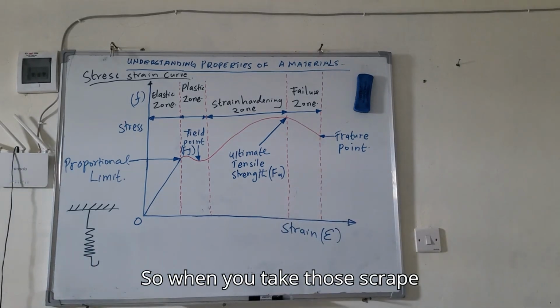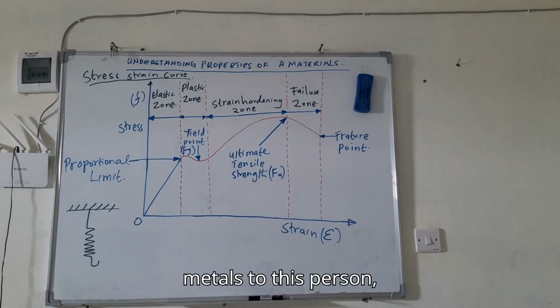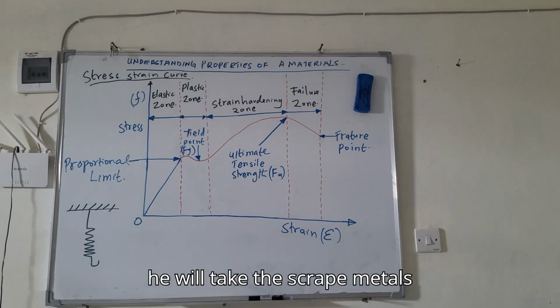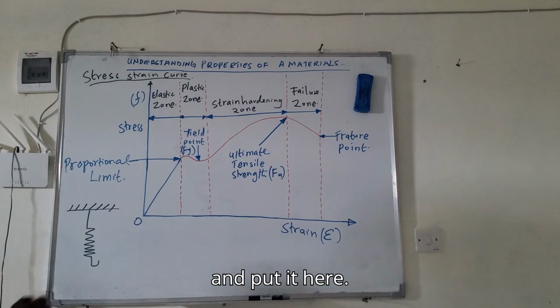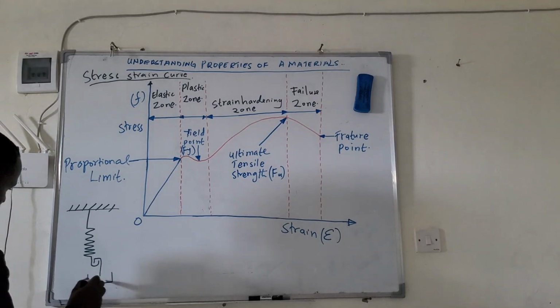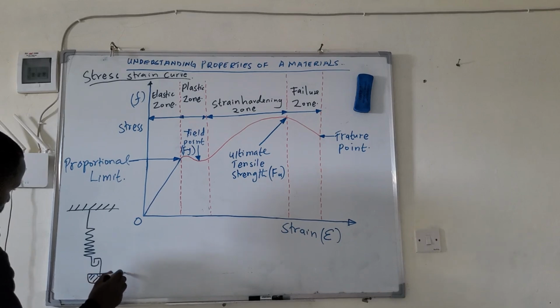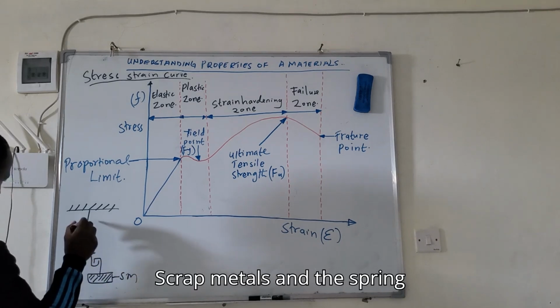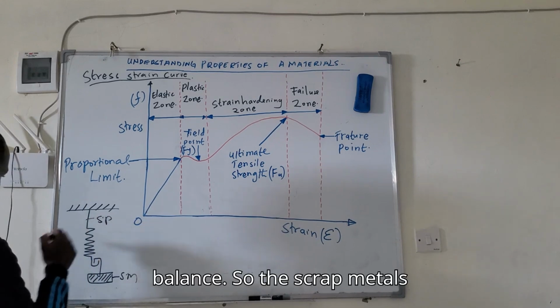So when you take those scrap metals to this person, he will take the scrap metals and put them here, on the spring balance.